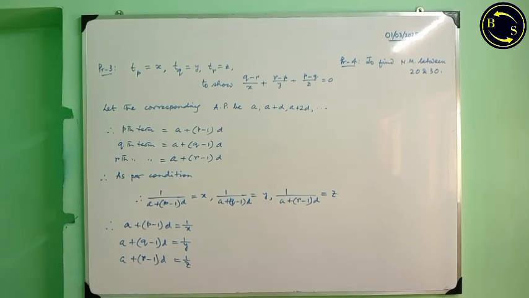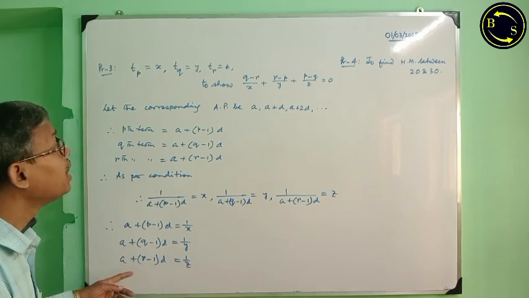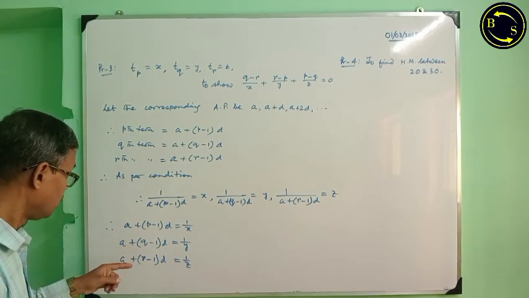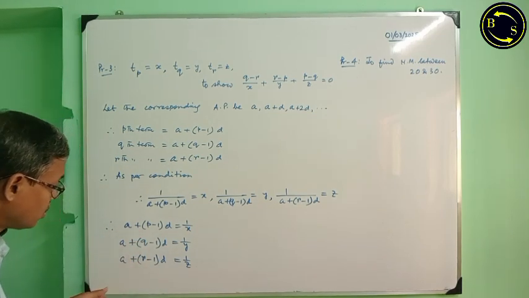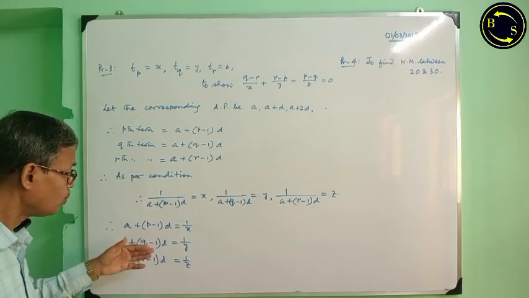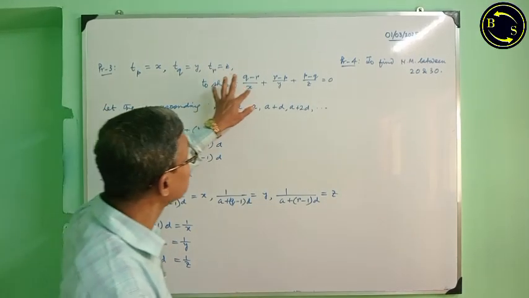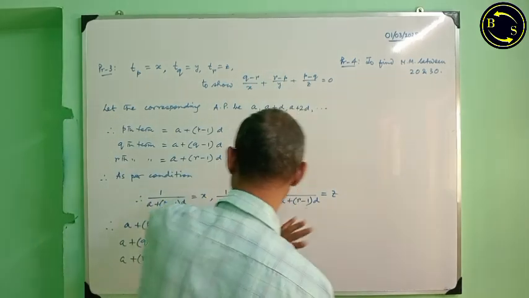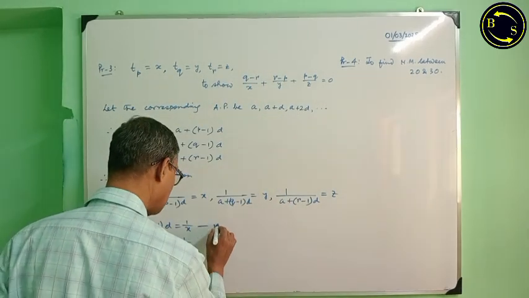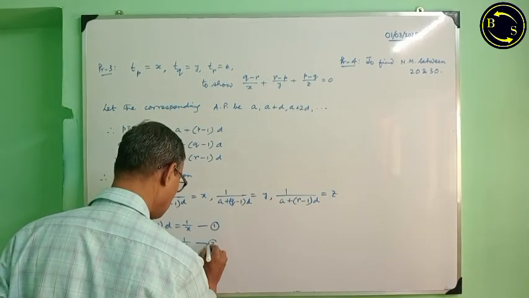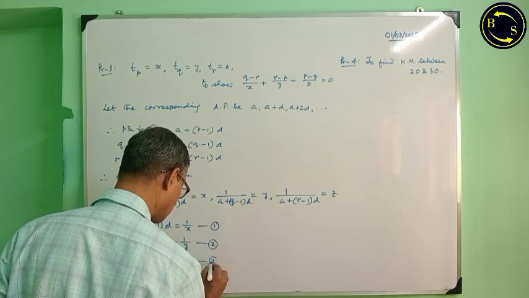Now, if we take the difference of two out of these three, then we shall get q minus r, r minus p, p minus q. First I take these as 1, 2 and 3.